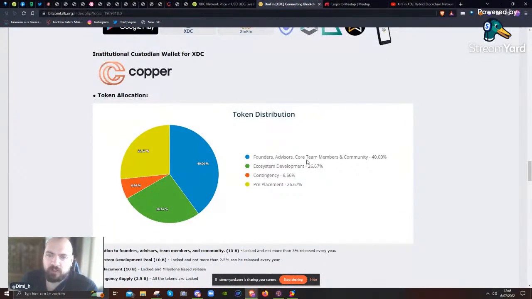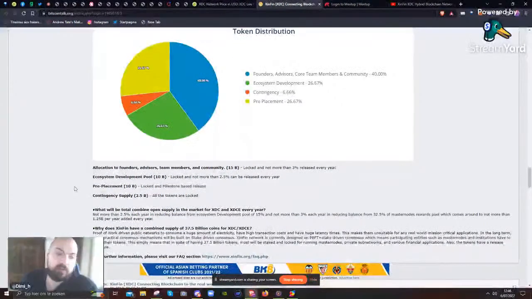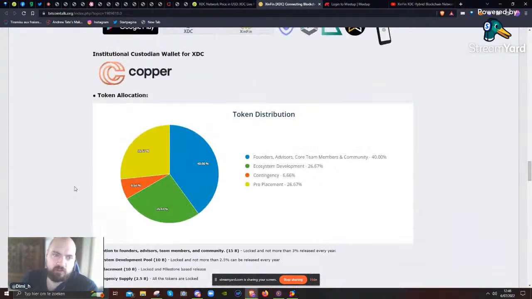Now, naturally, you can ask yourself, where it concerns community, what percentage of community makes part of that 40%? However, considering there's only 100 master nodes, I'm having my doubts about how centralized it is. However, it's been around for quite a while, so it works to their advantage when it concerns token distribution.